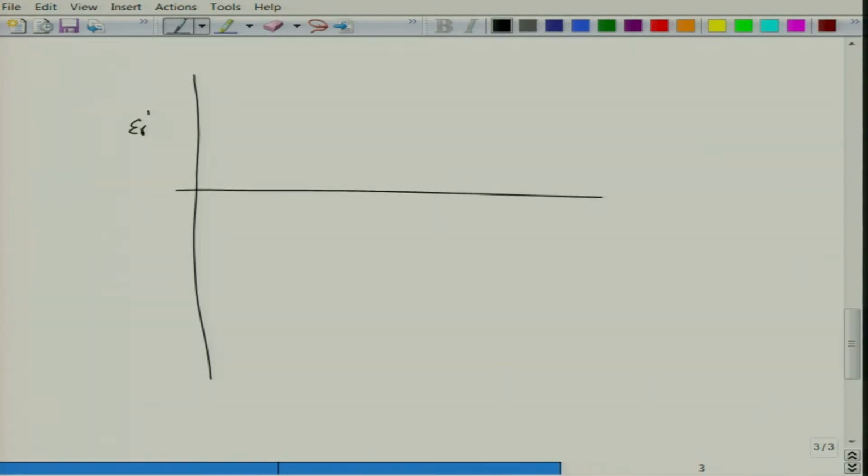So, when you plot this epsilon r prime as a function of frequency, then we see something like that.